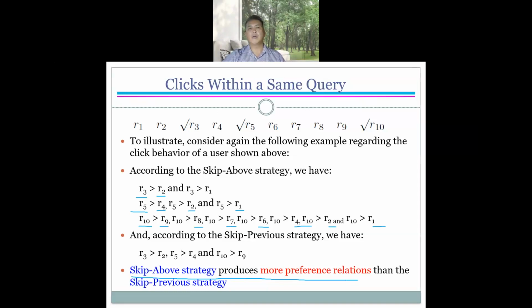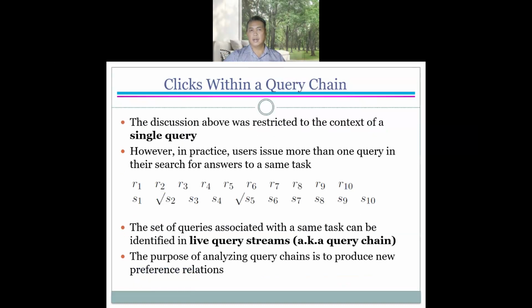But sometimes when we try to get the result, in the first round we cannot find a relevant document, then we change the query, then we get the second one. That is what we call a chain, because we are looking at the first result, but none of them are relevant.